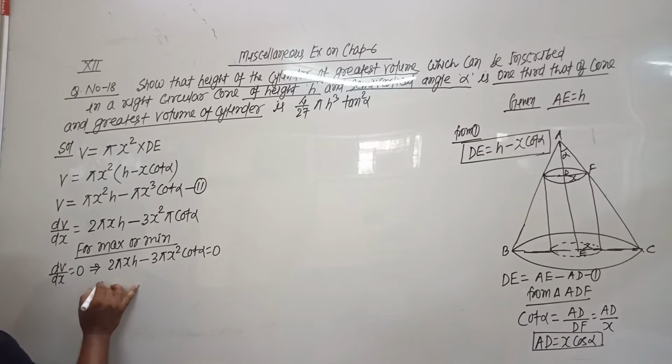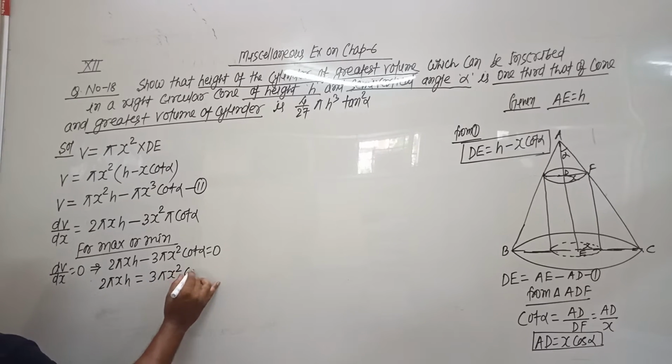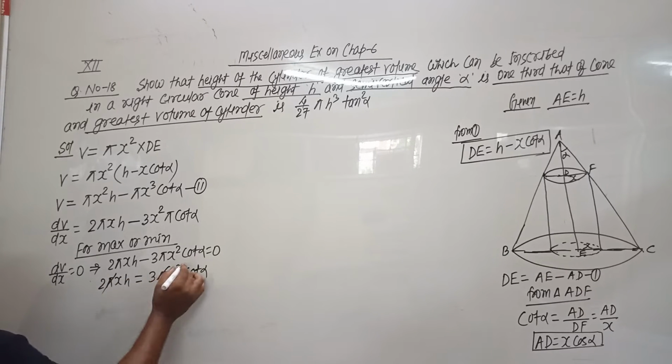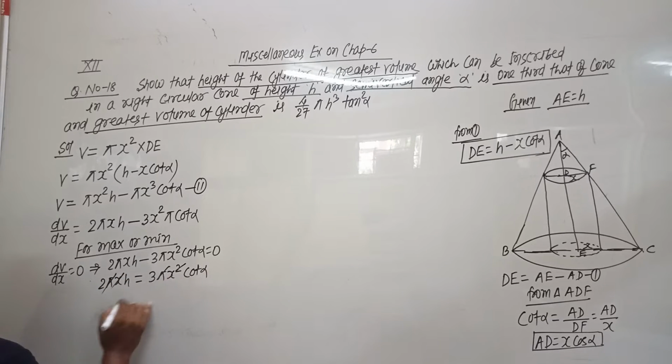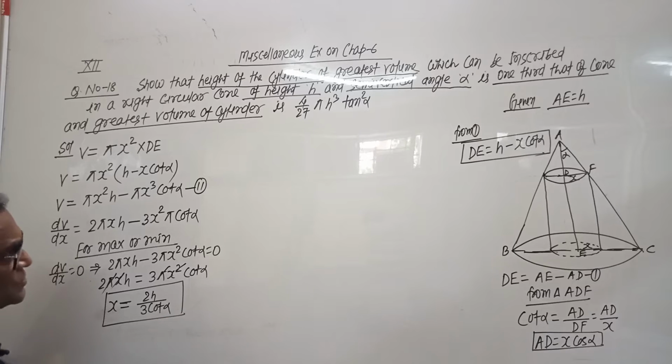Then 2 pi x h equals 3 pi x square cot alpha. Pi and pi cancel, one x cancels, and we get x equals 2h upon 3 cot alpha.